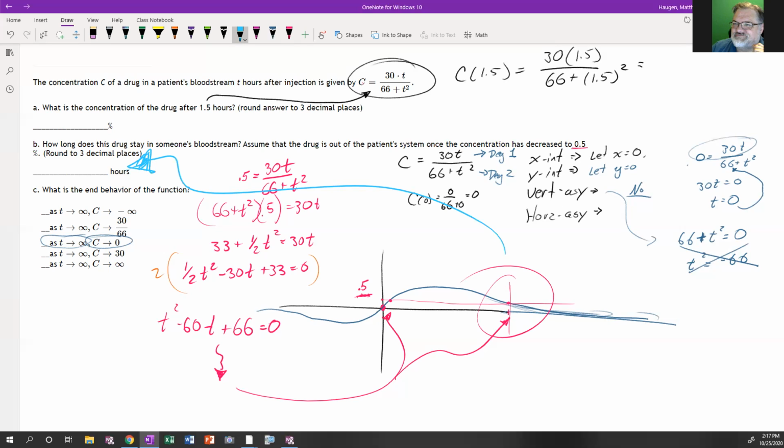Now, one of the issues here is, how do we know which one of those values to look for? Well, that's one of the reasons why I wanted to talk about, and why your section talks about, all this end behavior argument and all these intercepts and vertical asymptotes.